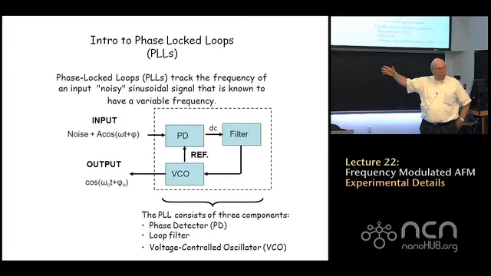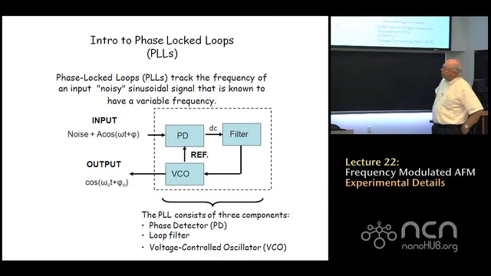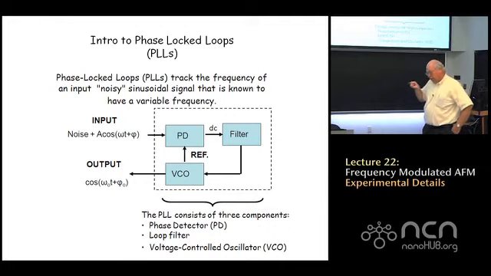You don't know that phase, and you don't know what that frequency omega is. And the purpose of this phase lock loop is to produce an output signal that has a frequency and phase that exactly matches the input frequency and phase that you do not know, right? And of course you want to do this in a short period of time.